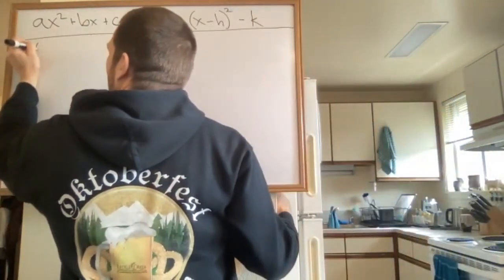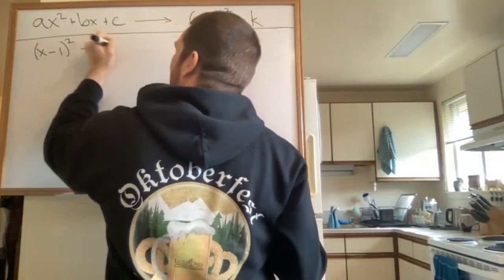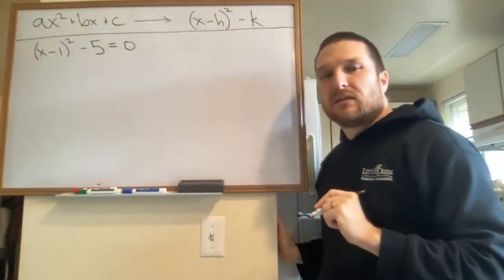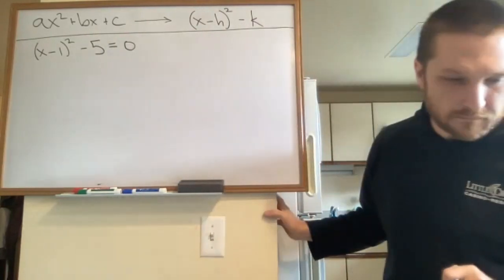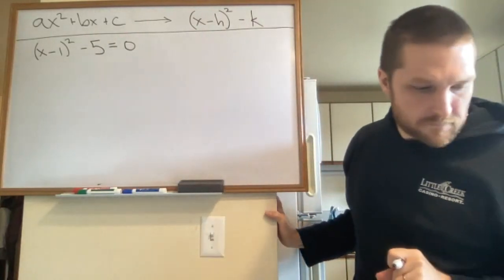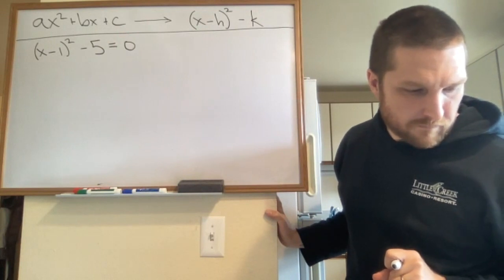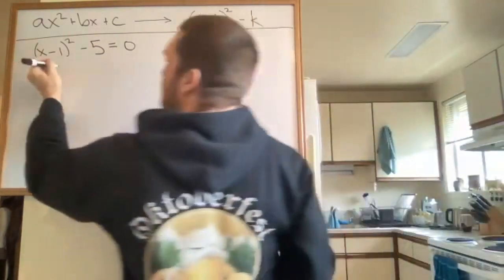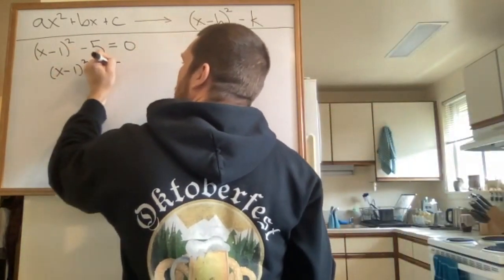Check this guy out. X minus 1 squared minus 5 equals 0. Now, let's just solve it by isolating the x. Tell me what to do. Plus 5. Okay, plus 5 on both sides. That gives me x minus 1 squared equals 5.